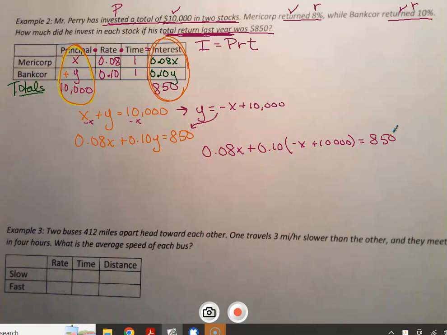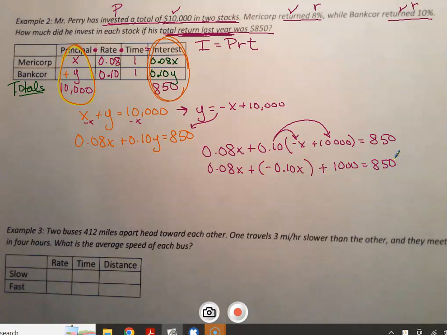But anyway, so that would give us 0.08x plus a negative 0.10x because I'm distributing. And then I need to distribute again. So 10,000 times 0.1 equals, so plus 1,000 equals 850.